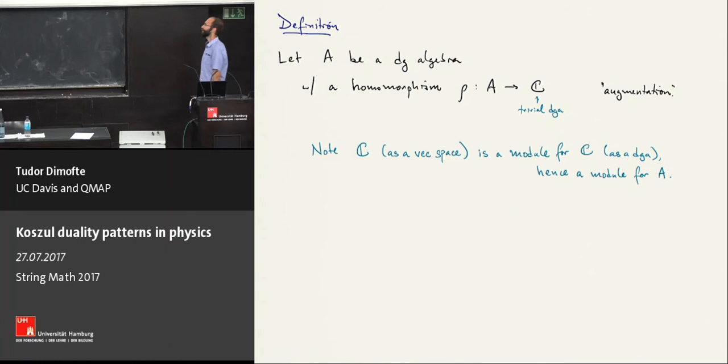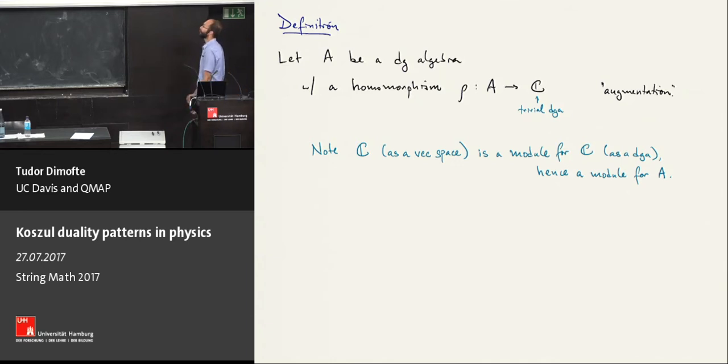Okay, so let me just start with some of the basic mathematical concepts. Going to take A to be a DG algebra, and for many of the examples in the talk, just think of it as an associative algebra, a graded associative algebra.